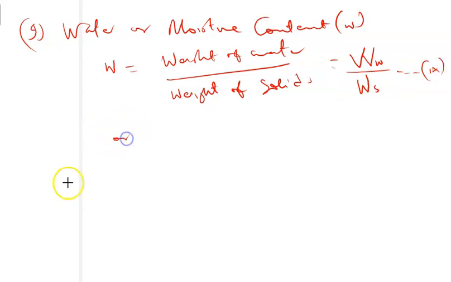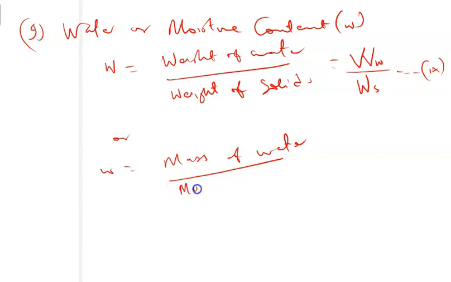Or we can say it is the mass of water over the mass of solids, and this is equal to MW over MS. So this is equation 9B.